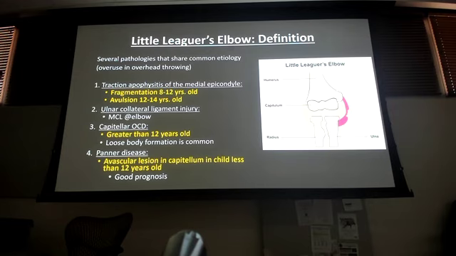Not just the age, but the way that the pathology progresses. Are they both due to potentially overuse, throwing motion type stuff? Yes, but Panner disease is a very specific one, right? So when you learn those, make sure you understand that Panner disease has a very specific distribution in the way it looks, as far as radiographic findings, etc.